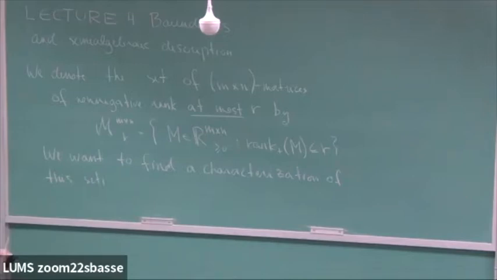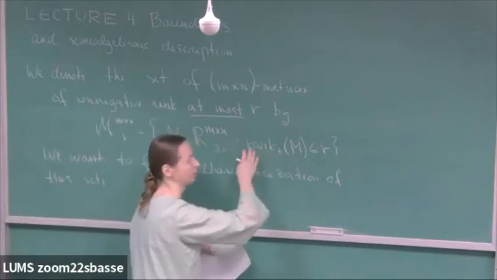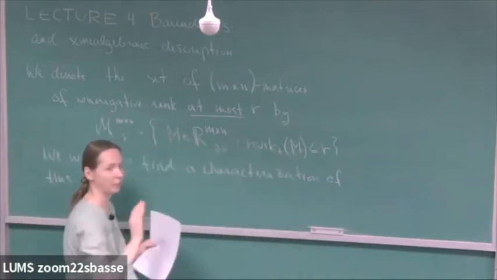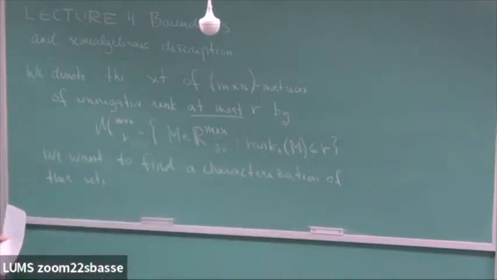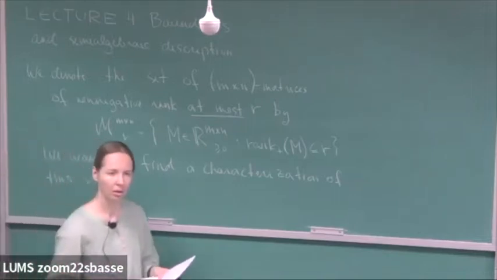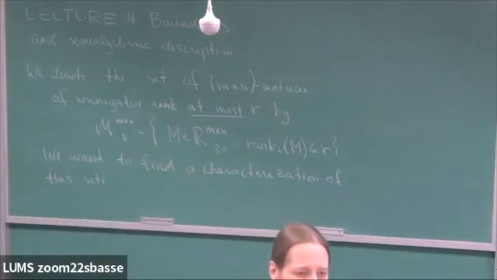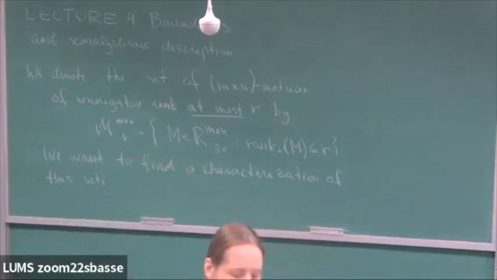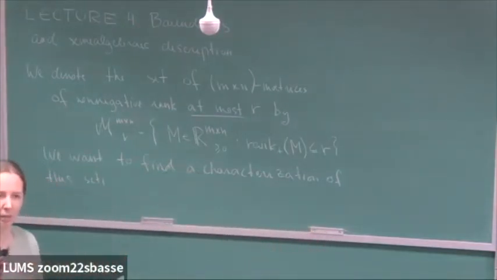Because this definition is just non-negative rank at most r, but so far we don't have an easy way to actually check if non-negative rank is at most r. What do you mean by characterization of this set? I will explain. Hopefully it will become more clear in 5 minutes.